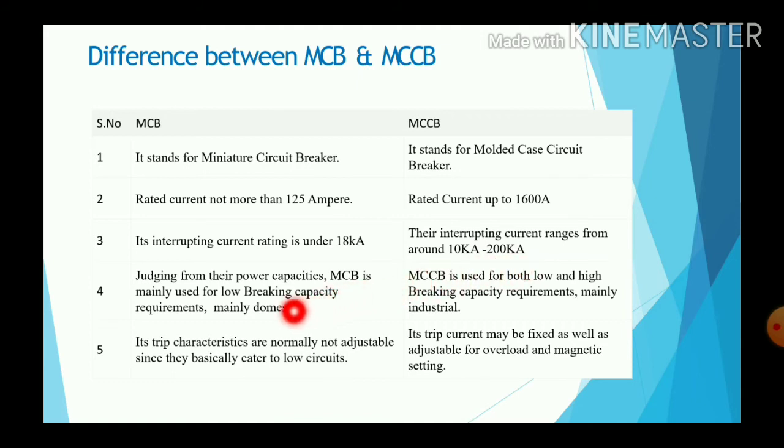MCB is mainly used for low breaking capacity requirements, mainly in domestic applications, and MCCB is used for low and high breaking capacity requirements, mainly focused on industrial applications. Trip characteristics of MCB are normally not adjustable, but trip characteristics of MCCB can be adjustable.